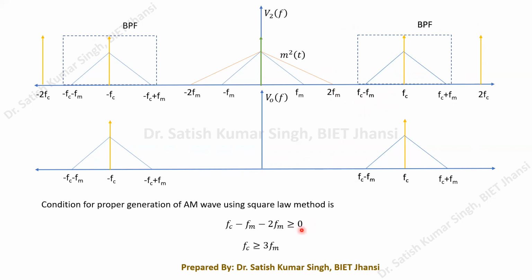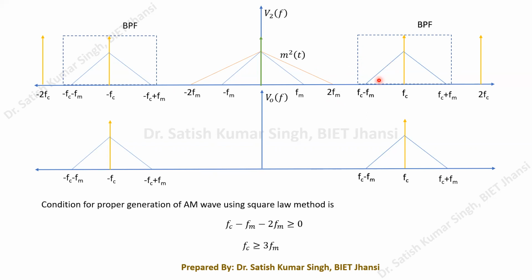Otherwise, if it is equal to 0, we need to have an ideal band pass filter. So it should be at least greater than 0. This difference, fc minus fm minus 2 fm, should be greater than 0 to make sure that these two spectrums are not overlapping. If it is overlapping, then it is impossible to generate a conventional AM signal using the square law method.